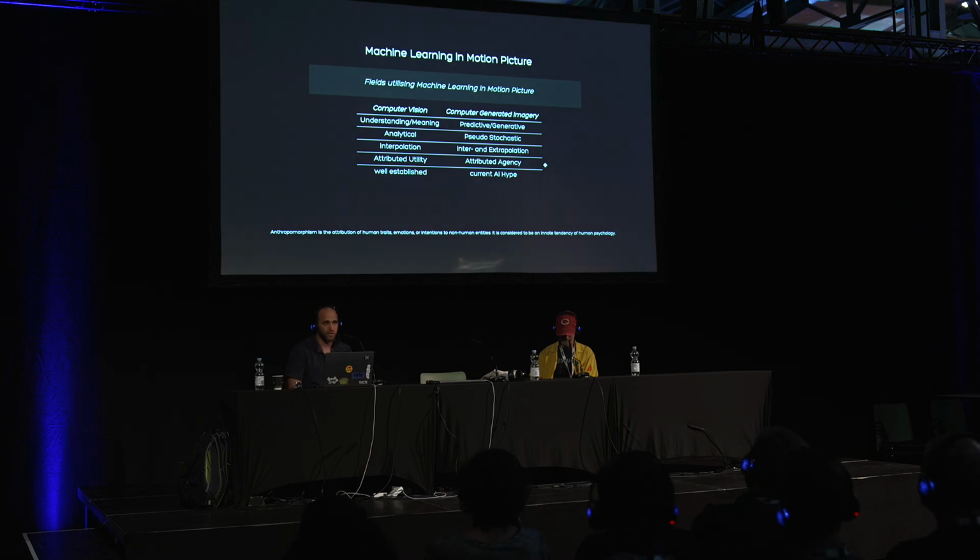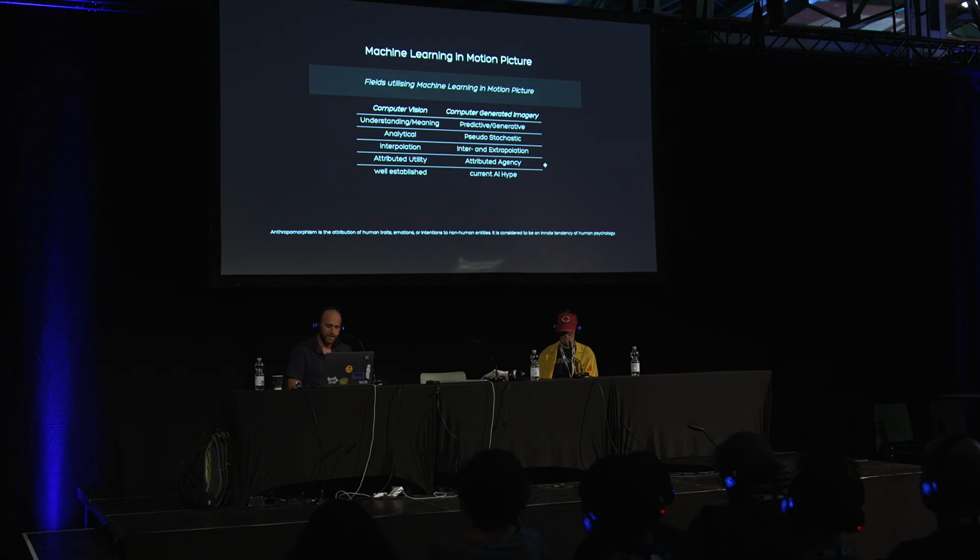Typically, computer vision algorithms, you probably interact with them every day when you use your phone. We attribute to them utility, so they're useful. With computer-generated imagery, there's a split going on because some people are fearful, others anthropomorphize, so they give them human-like traits, saying, oh, the AI overlords will take over the world and those kinds of things.